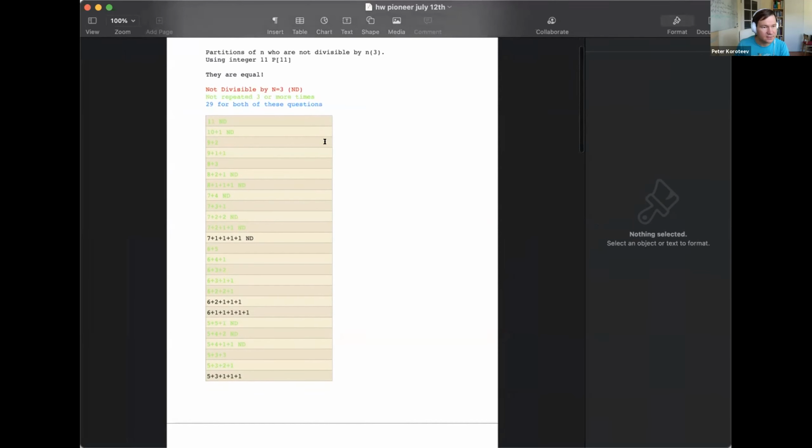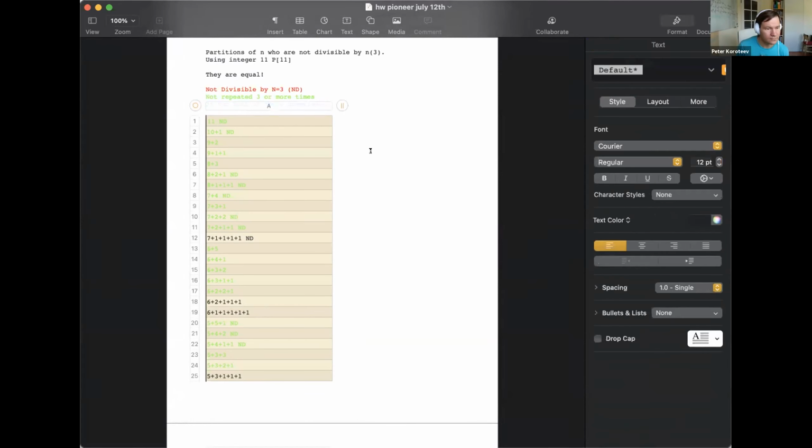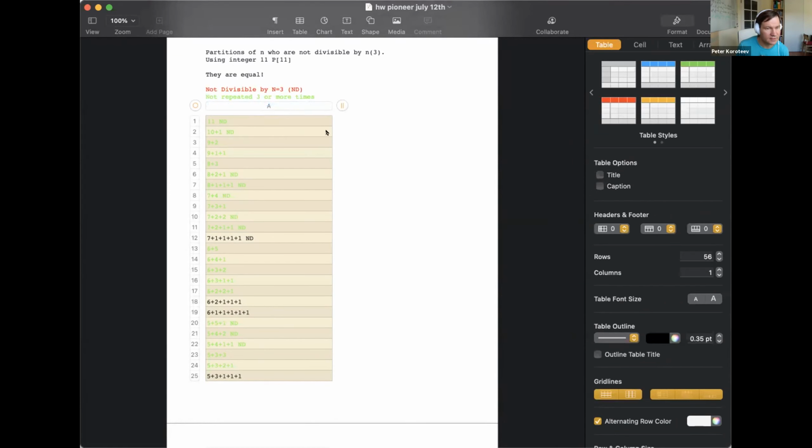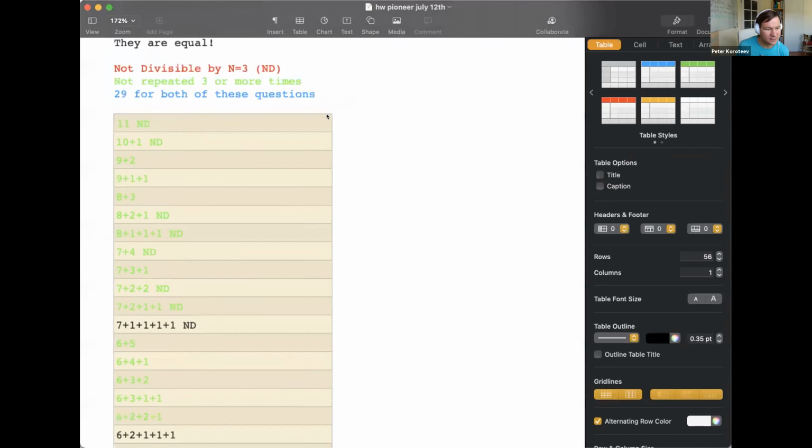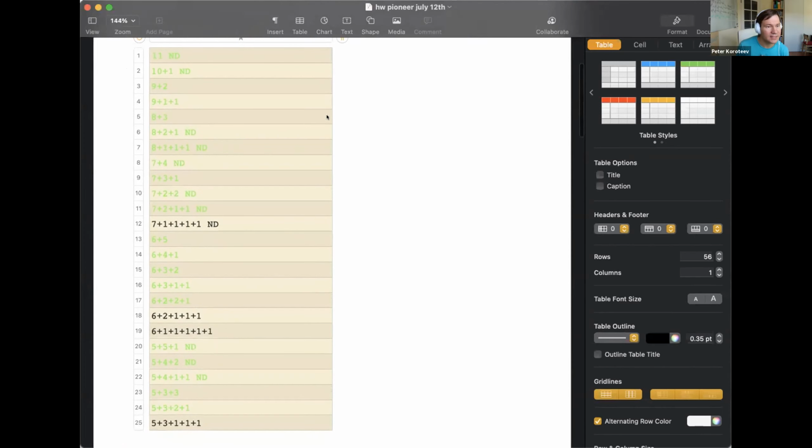So not in green, we have parts not repeated 3 or more times, and then I put ND for not divisible, and I counted each one and they were equal. Okay, so how many? 29 for both sides, right?